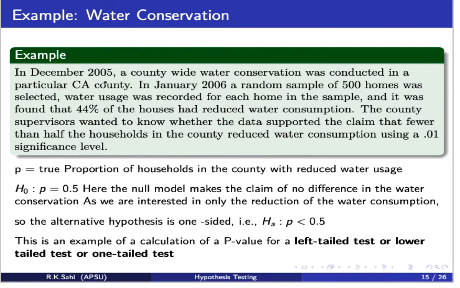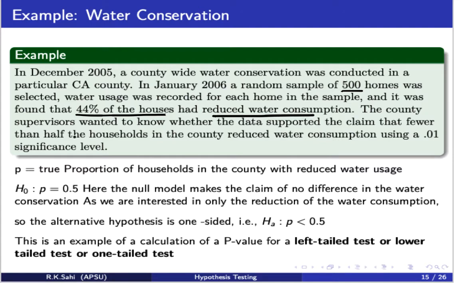In December 2005, a county-wide water conservation campaign was conducted in a particular California county. In January of 2006, a random sample of 500 homes was taken. Water usage was recorded for each home in the sample, and it was found that 44% of these houses had reduced water consumption.